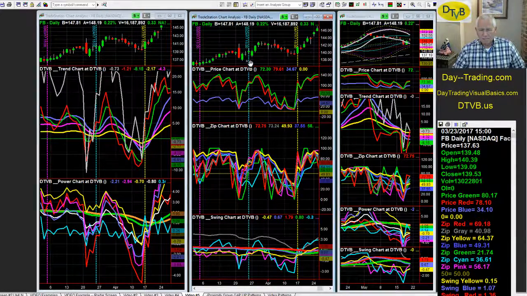So that difference is something that you need to recognize. You don't need to identify with it, but you need to just recognize that when we closed here at 140.34 and we opened at 139.05, it causes the Zip Cyan line to go way down.